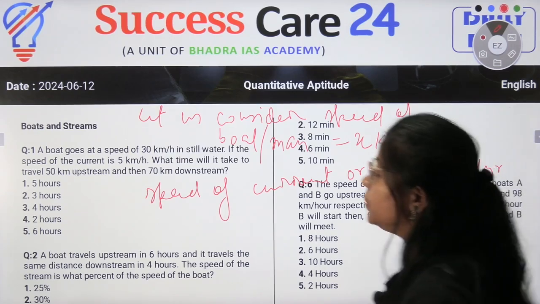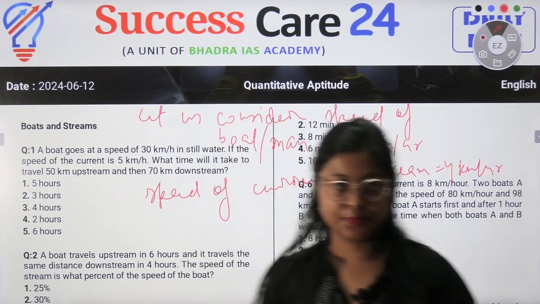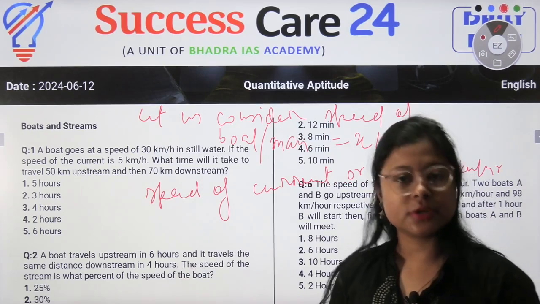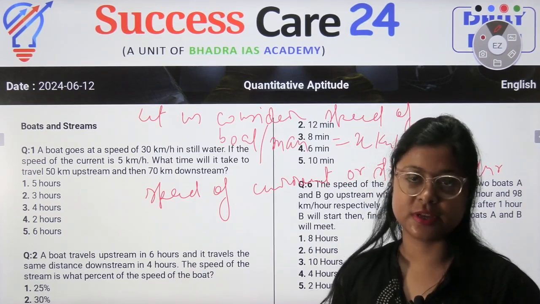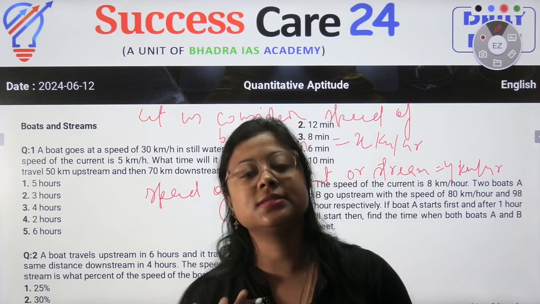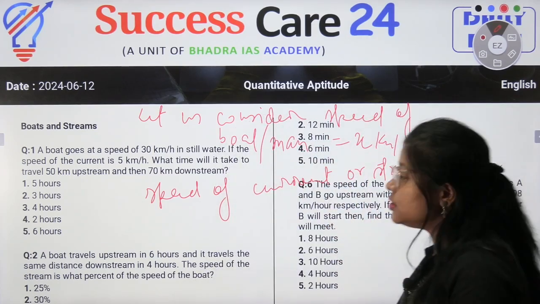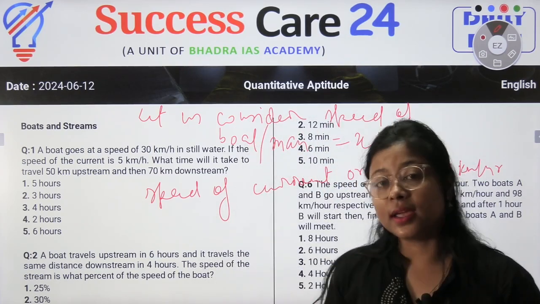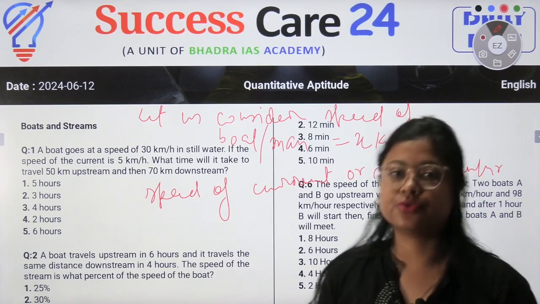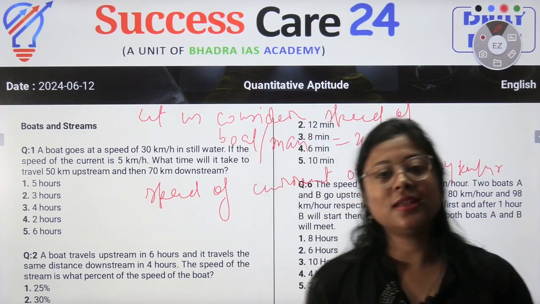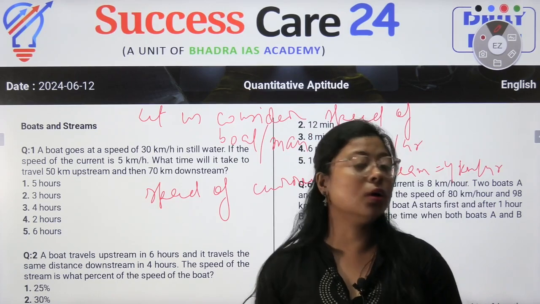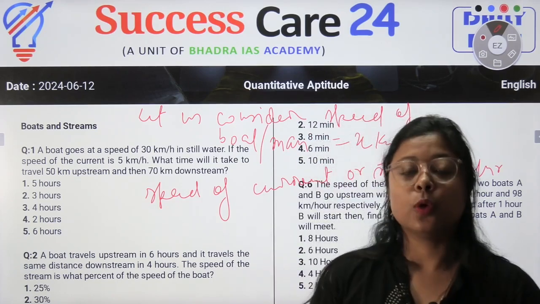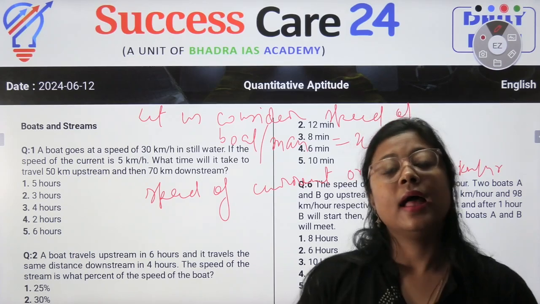So if this is so, then we have two things to know: one is upstream speed and another is downstream speed. What is upstream speed and what is downstream speed? Upstream speed is when you go against the stream or against the current. Downstream speed is when you go along the current or along the stream.